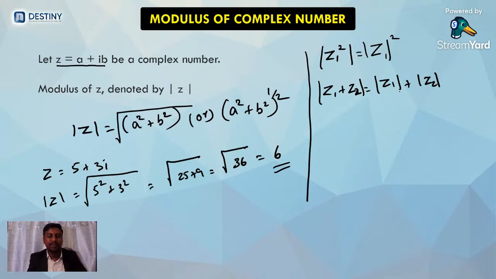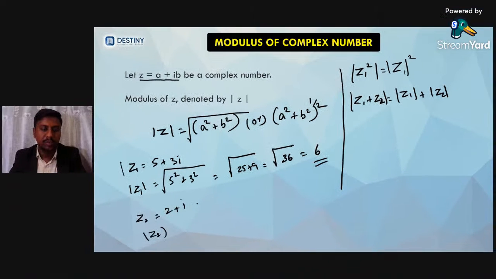Suppose I take two numbers, z1 and z2, again as I have taken, z2 is 2 plus i. Then mod of z1 is 6. What will mod of z2 be? Okay, it's not visible here. I hope now it is visible.